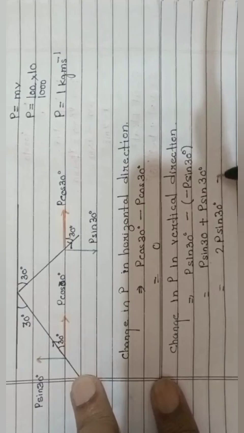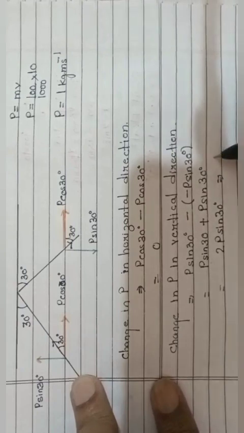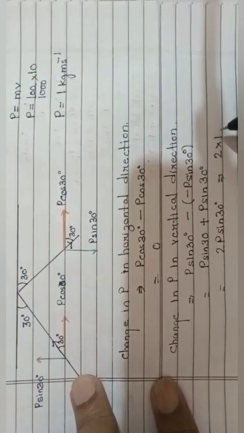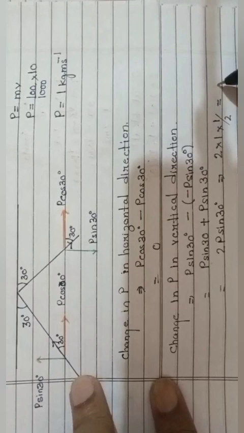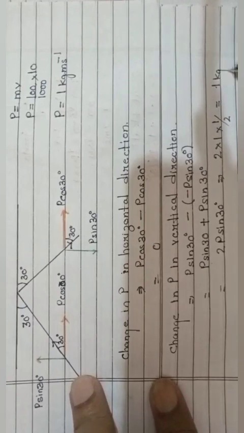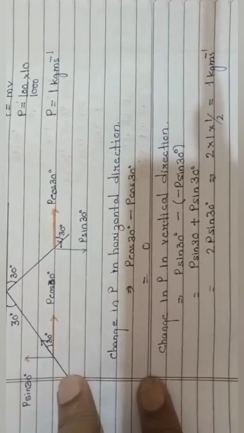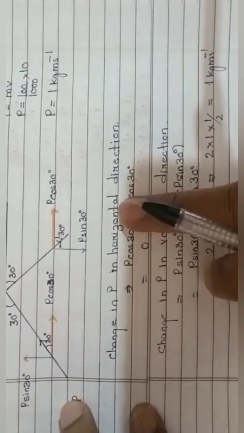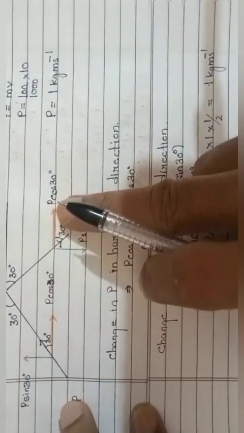Now substituting the values in this one, it's twice into P, value of P is 1, and sin 30 is half, so you are getting it as 1 kg meter per second. So you have got change in momentum in the vertical direction. You can see there was no change in the horizontal direction because both were in the same direction.